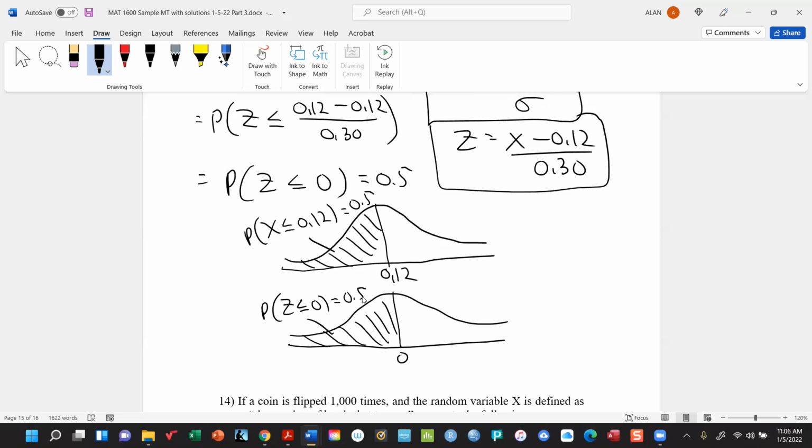Okay, so in other words, remember, it's like the difference between Celsius and Fahrenheit. It's the same thing, except with different units. All right, so either way, it's a half.